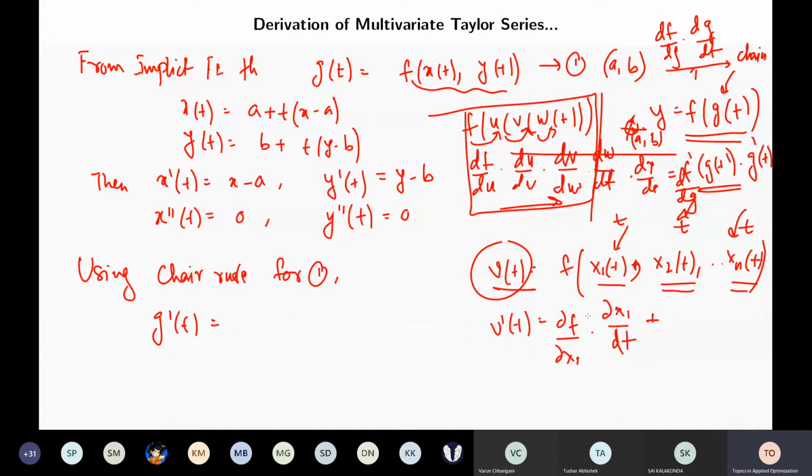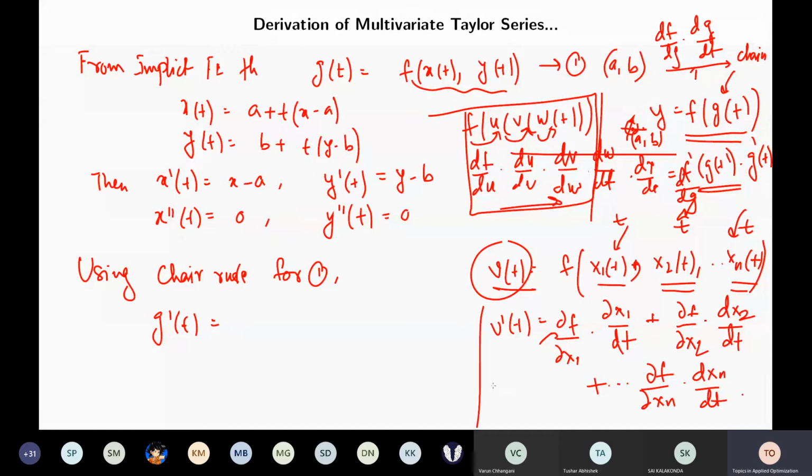Partial here, because we are seeing this as a function of several variables like x1, x2, xn. So here we have del f by del x2 times dx2 by dt. So this way you keep doing this, and last del f by del xn and dxn by dt.